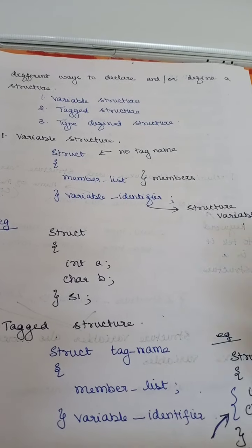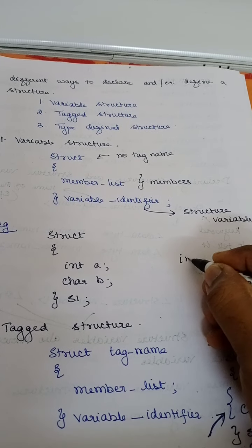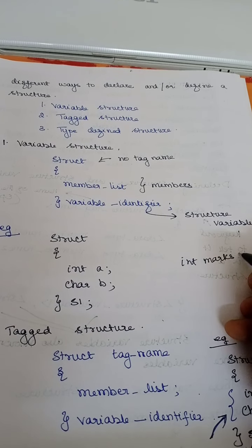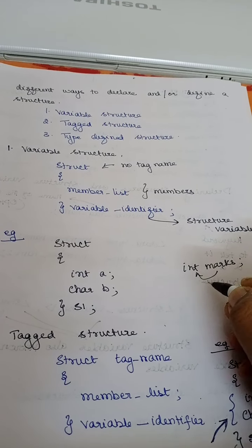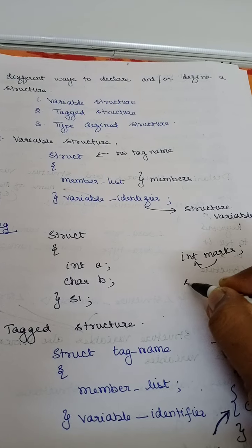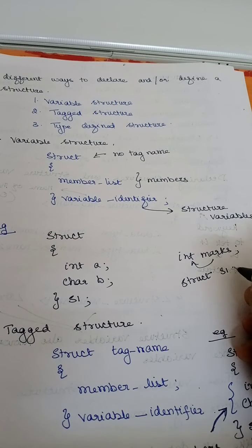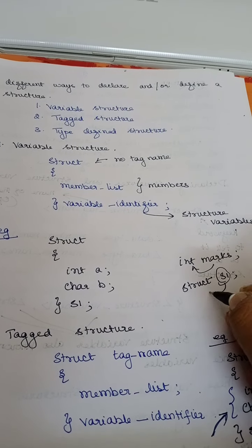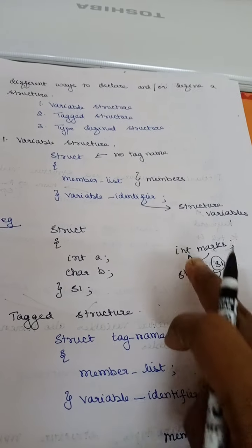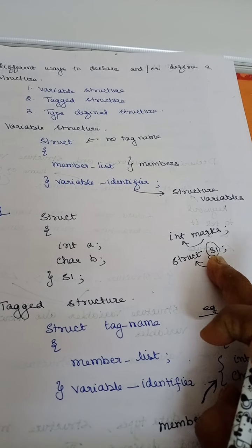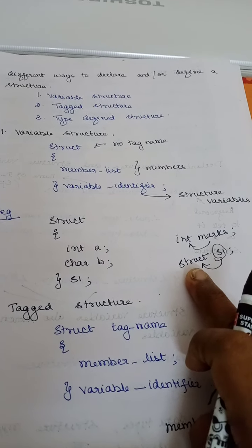In general, you will write int marks, so marks is of type integer. Here also I am going to write struct S1. So this S1 is going to be of type structure. Marks is an integer variable. Here S1 is going to be a variable of type structure.